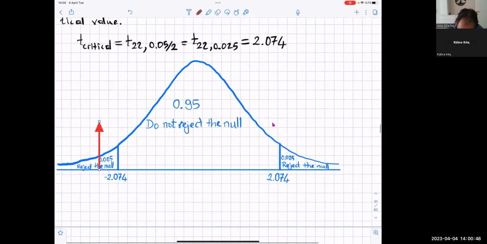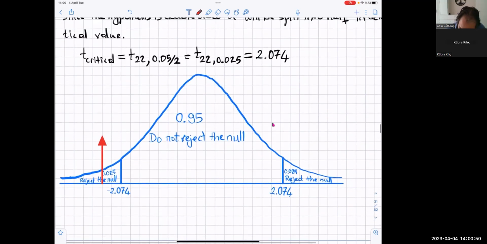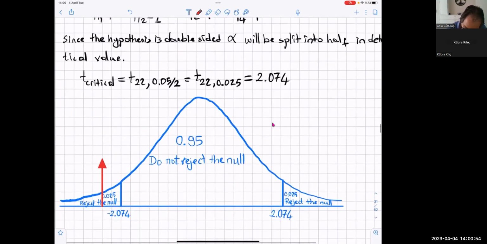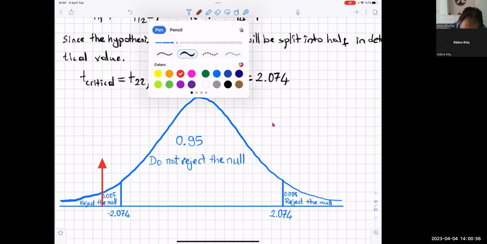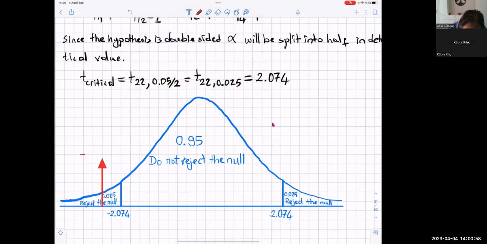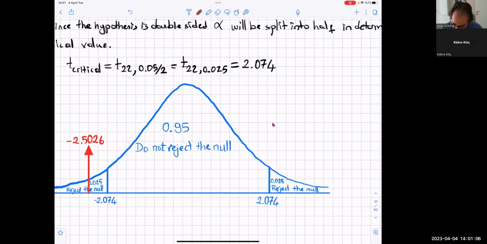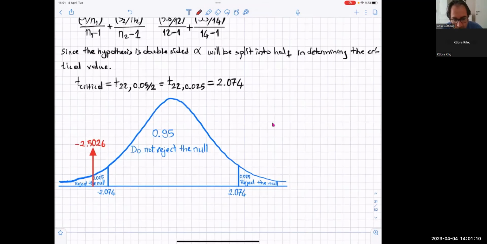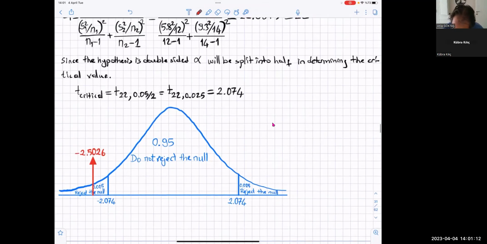The calculated statistic is minus 2.5026. Minus 2.5026 is falling on the left or within the left rejection area. Then you do reject the null hypothesis.